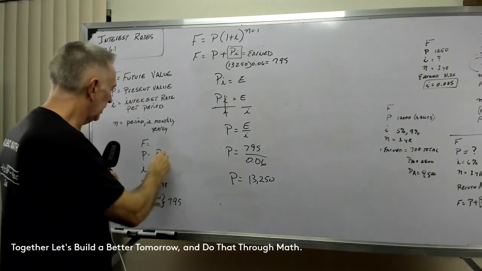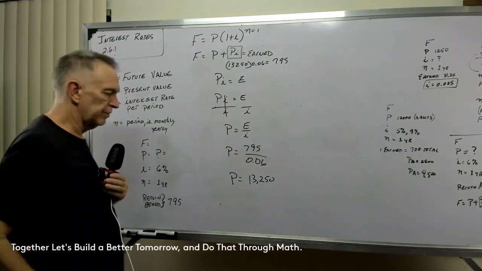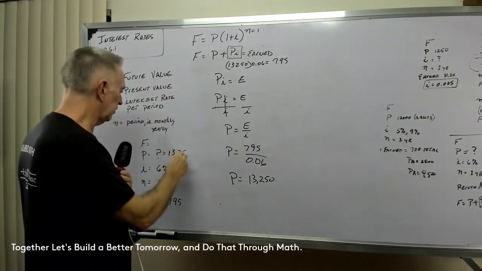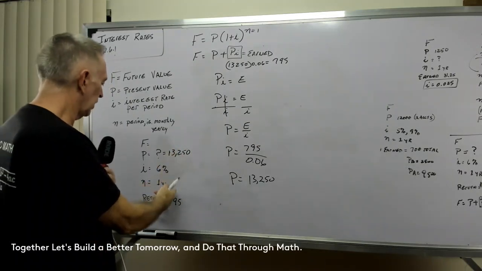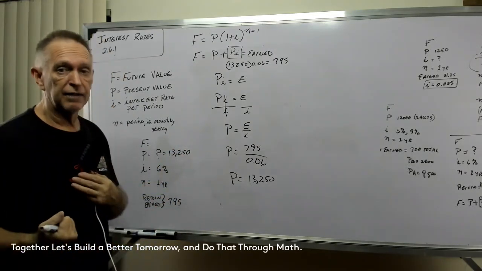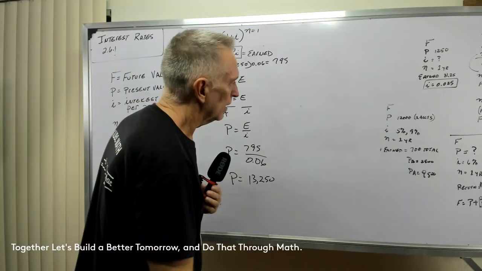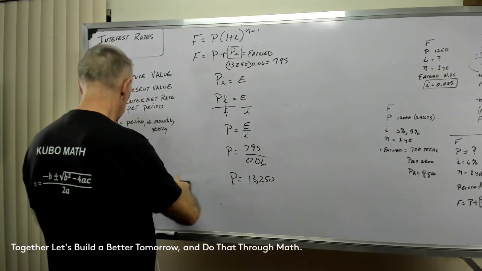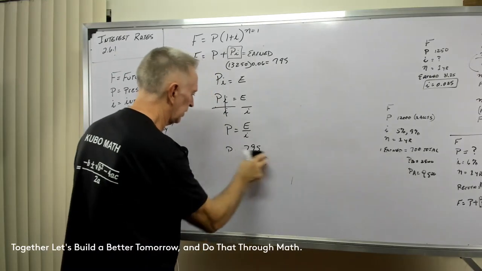So P, the principal or the present value of his money on day one, he put in 13,250 pesos or dollars. 1 year later he gets 795 back. Okay, not bad on that one. Actually nowadays a 6% return would be really good.